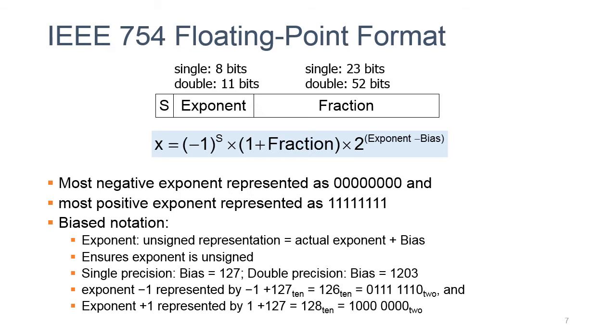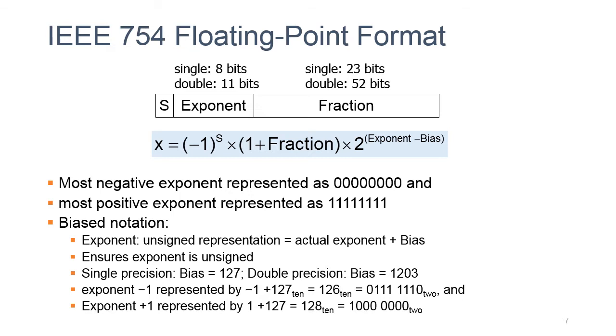In this table, S represents the sign bit for single precision numbers as well as for double precision numbers. It is 1 for a negative number and 0 for a positive number. Then there is the exponent.